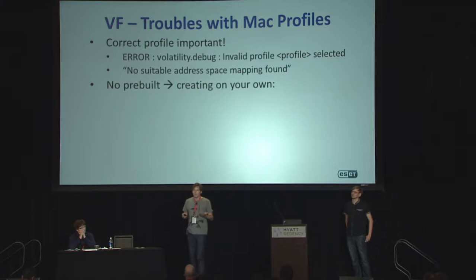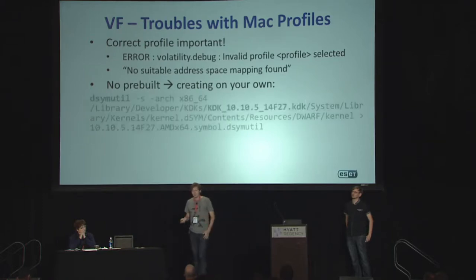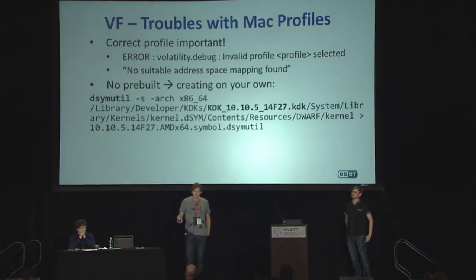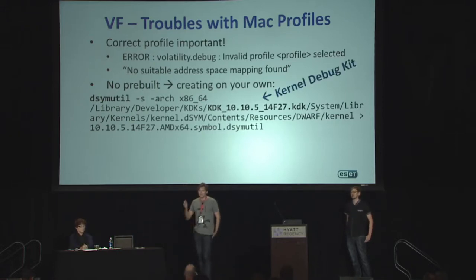You should follow the hints provided on the official VF wiki pages. You should run dsymutil on some data. These data are the kernel debug kit. Another strange thing is that not every system update of macOS has an available kernel debug kit on the Apple website. But this command worked well.